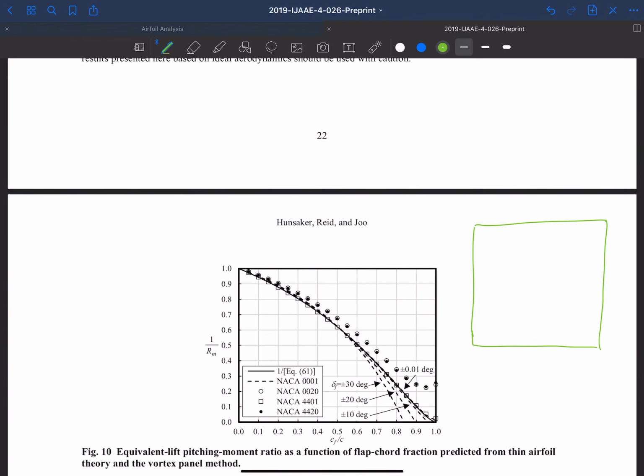So we then included viscosity. We generated these airfoils in Xfoil and looked at the viscous results, or the drag ratio that would occur if we required both airfoils to produce the same amount of lift at the same angle of attack.